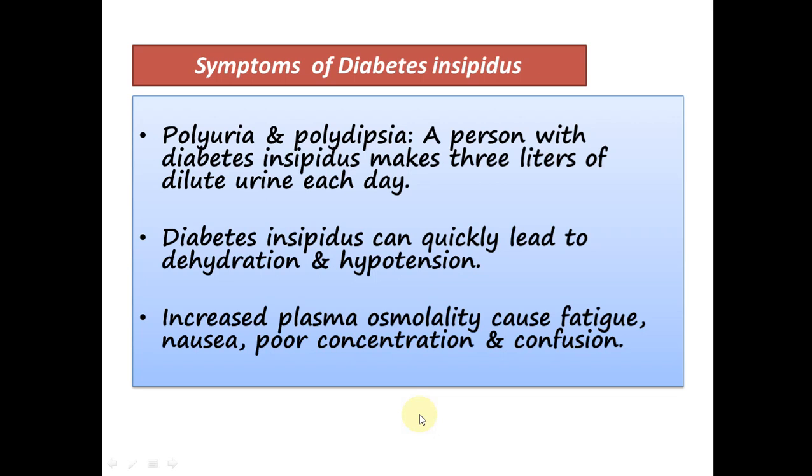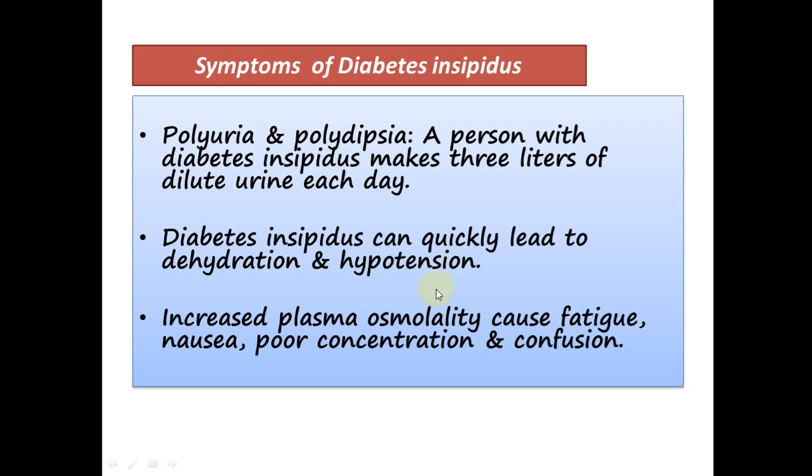The symptoms of diabetes insipidus include passing large amounts of dilute urine, hypoosmolar urine, and polydipsia. Automatically polyuria will lead to polydipsia. Sometimes patients of diabetes insipidus may pass up to 3 liters of dilute urine each day. This loss of water can quickly lead to dehydration, and due to decreased blood volume it can lead to hypotension.